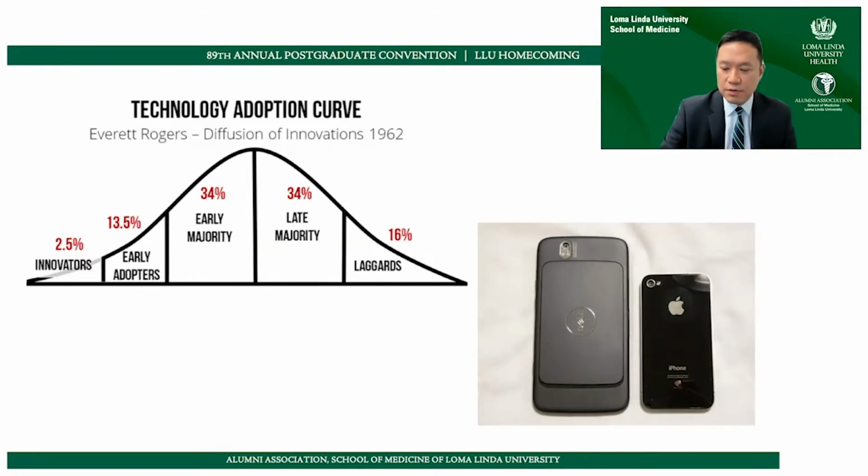And so the example I always give is the picture that you see to the right, of a phone, and the larger phone is called the Dell Streak. The Dell Streak came out circa 2010 or 2011, and I actually purchased one, and it was my first big phablet, as they were called at the time.